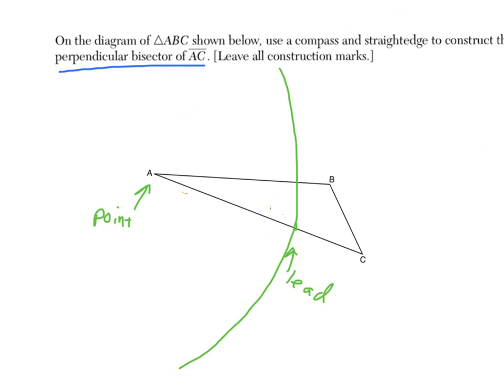Then I'd switch points. Then I'd pick up the point of my compass and lay it here. And keeping my compass open to the same measure as before, I wouldn't change the angle of my compass. I would just switch to point C, and I would also arc it as well.